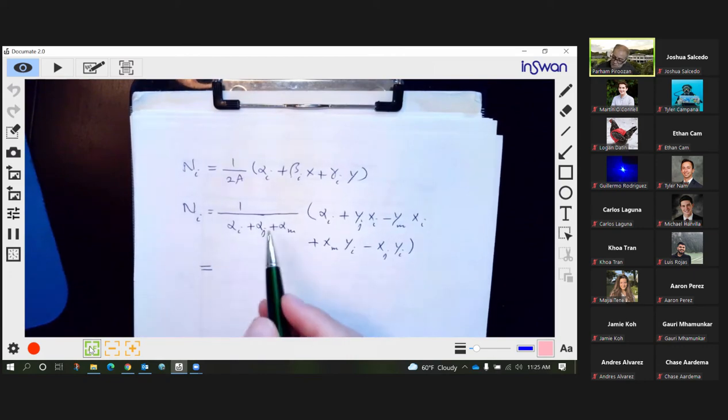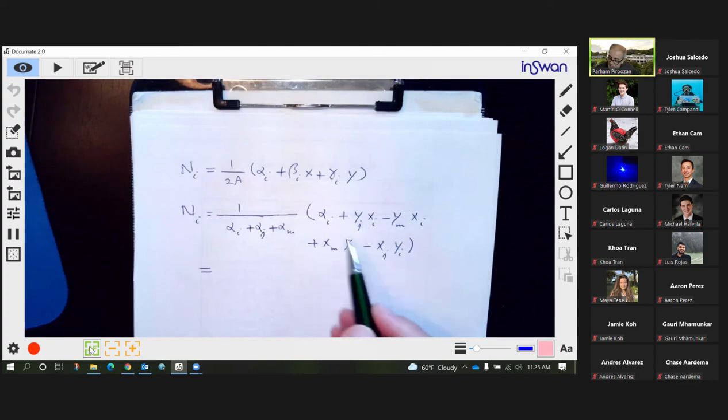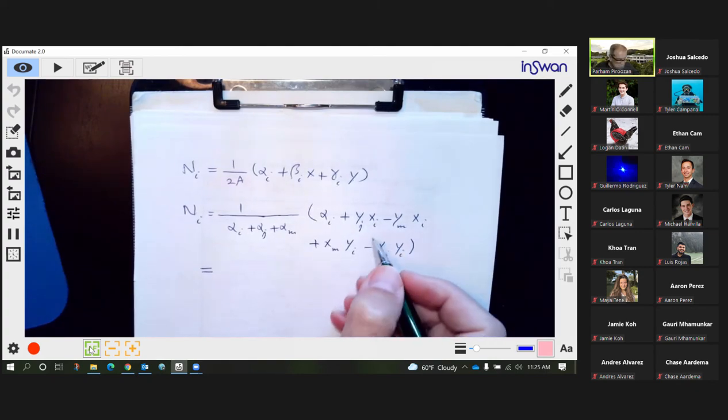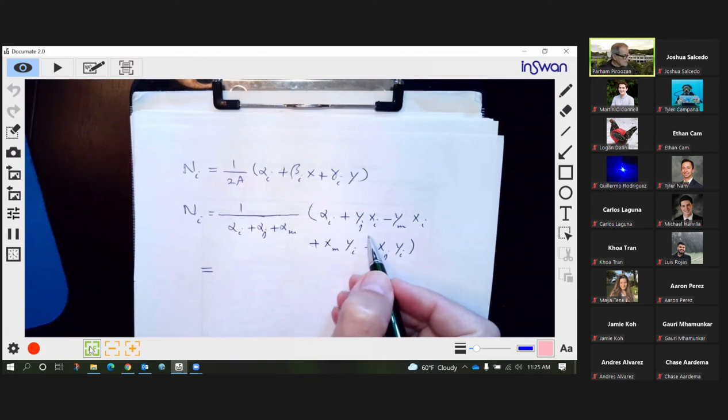I want you to become familiar with these alphas, betas, gammas that we have. That's the purpose of this practice here. Now, if you look at this, of course you have to look at those definitions that we have for alpha, betas, and gammas.